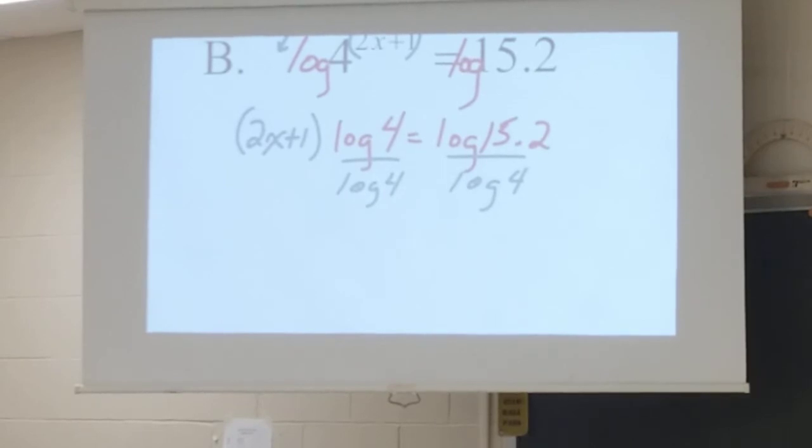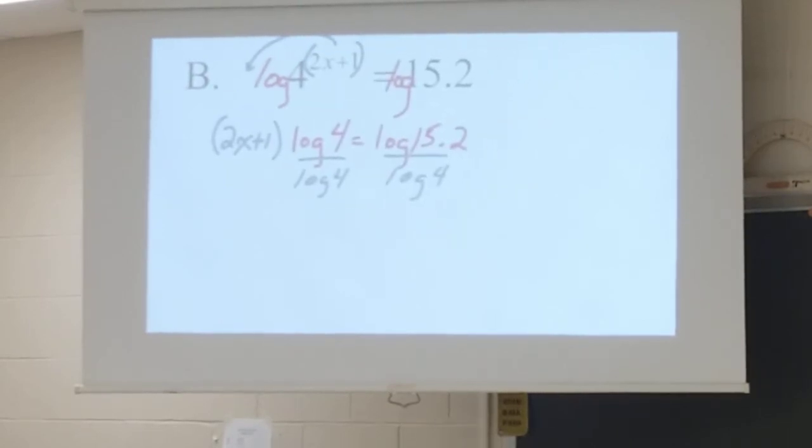Now, when you divide those logs, if you would like a checkpoint, you get about 1.96. But are you comfortable keeping that number on your calculator, 1.96, and continuing to solve? Like subtracting 1 from both sides. I'm talking about the 2x plus 1, so I can subtract 1. Just keep that on your calculator, because now you should have 2x equaling 0.96.